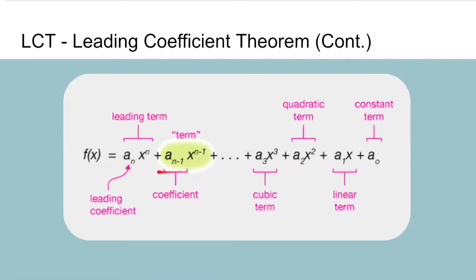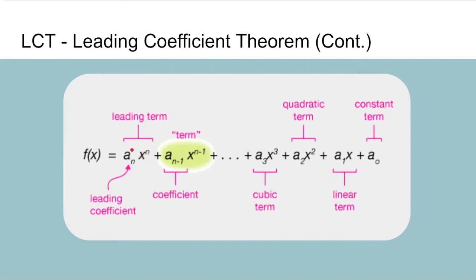This seems kind of messy at first, but once we get to know what we're really needing to focus on for the leading coefficient theorem, it'll be a lot more clear. So as the name suggests, we're just going to be looking at the leading term only. So if we organized out a polynomial, this would just be the term with the highest degree where n is the highest.